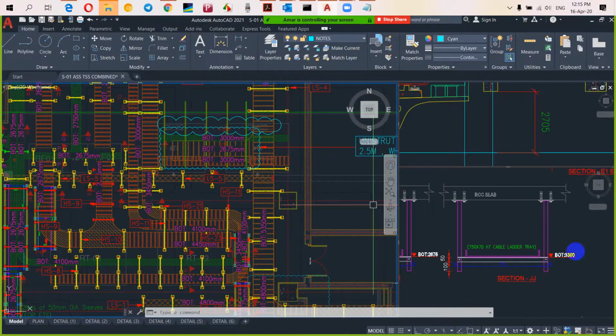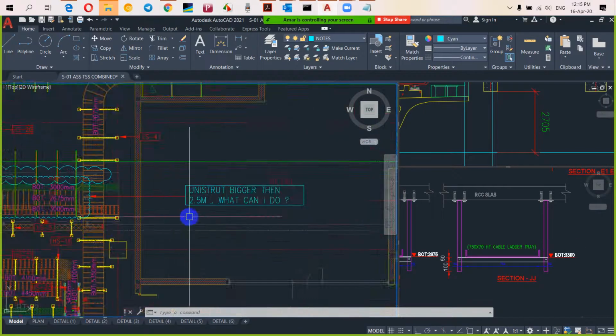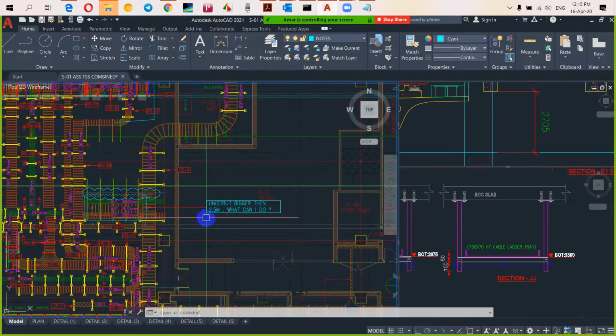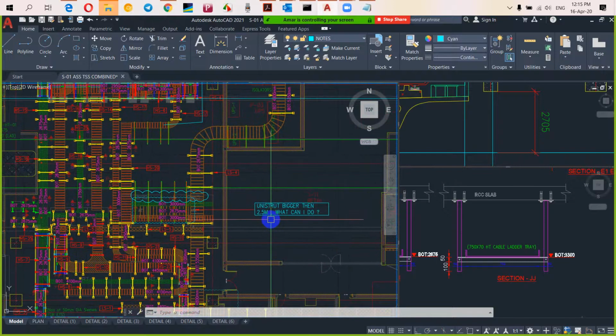One minute. The document is opening. It's got stuck.